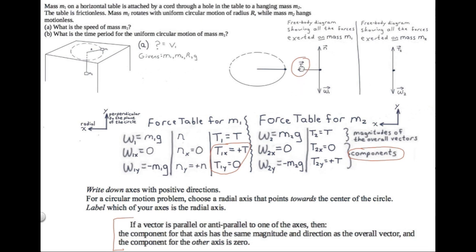For example, T sub 1 points to the left, which is our positive x direction, so T sub 1x is positive. For another example, T sub 2 points up, which is our positive y direction, so T sub 2y is positive. Remember to include a plus sign for each of the positive components because that will help you to remember to include the crucial negative signs for w sub 1y and w sub 2y.